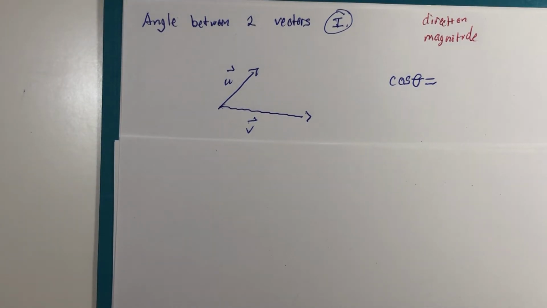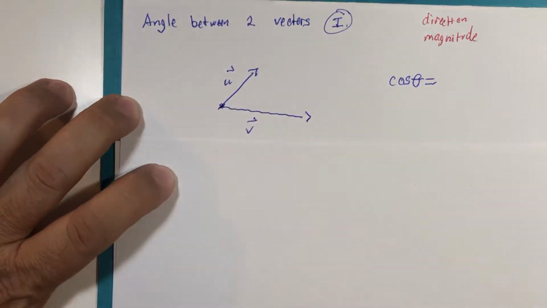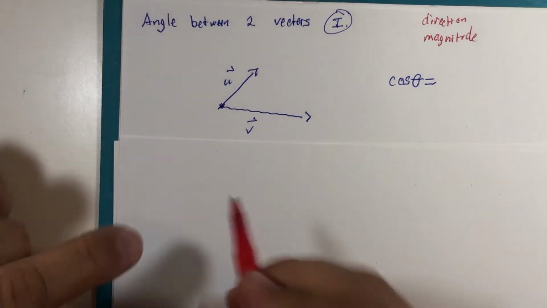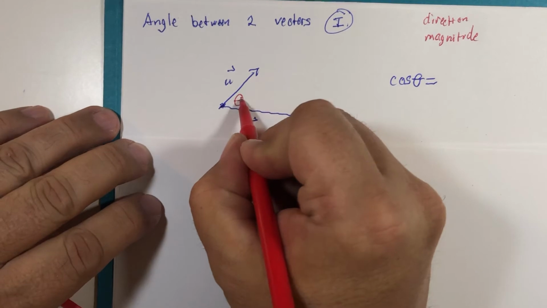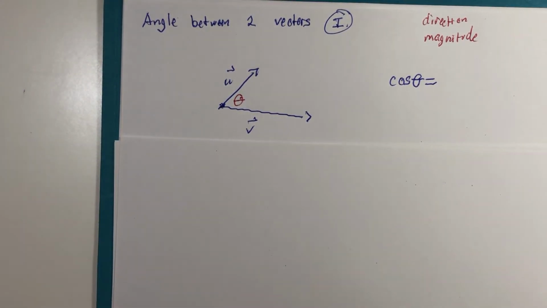So this formula sort of goes along an assumption. If the vectors originated from the same point, what then could we determine about the angle that is between the two vectors?